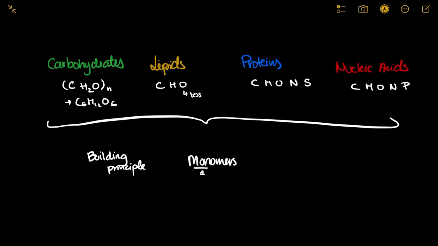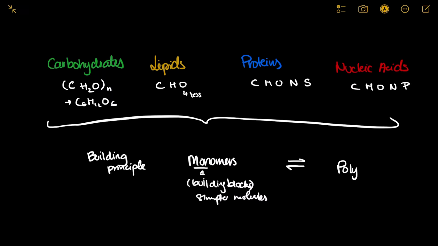And these are the building blocks. Building blocks are also just the simple molecules. And these monomers can be made into polymers.